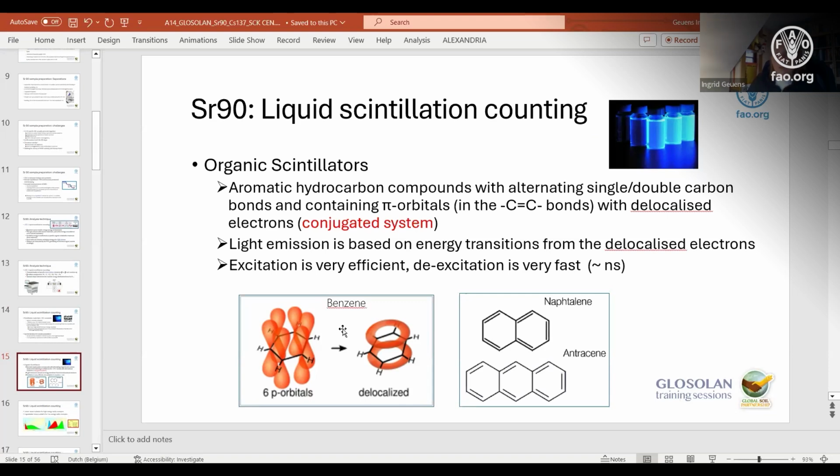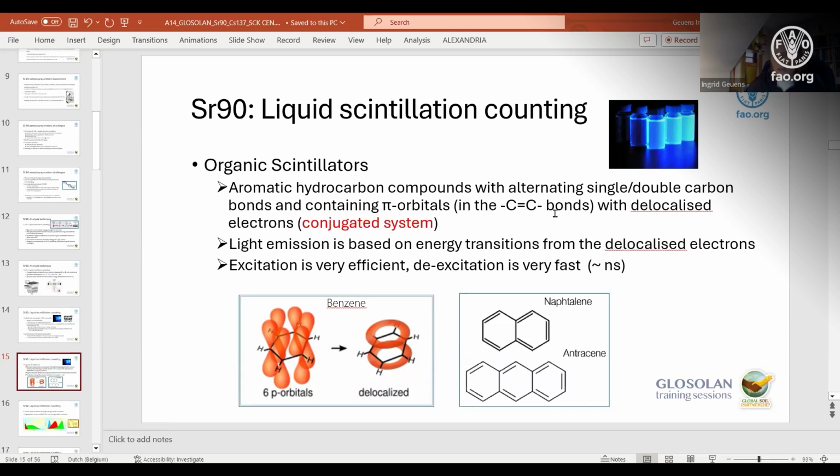They're often used because the light emission that is based on the energy transition from these delocalized electrons is indeed measurable with the photomultiplier tube. Excitation in this way is very efficient, and the de-excitation, so going to light, is very fast, in the nanoseconds range, so you can do your measurement in a very fast way.